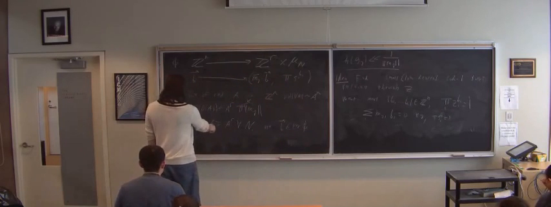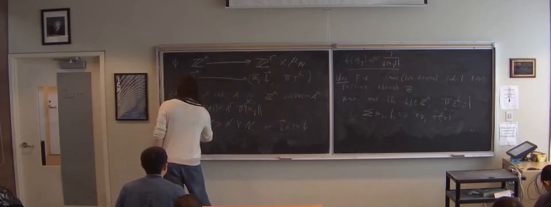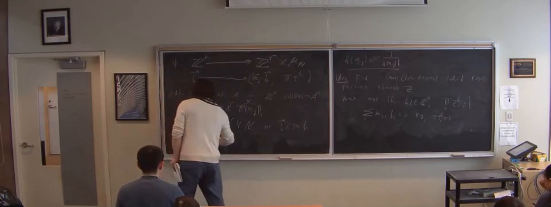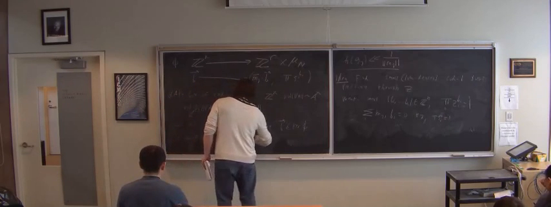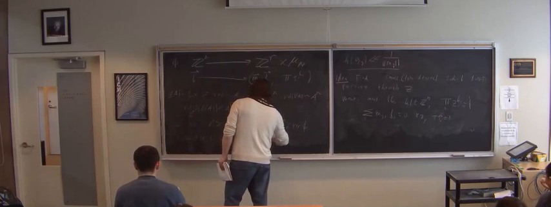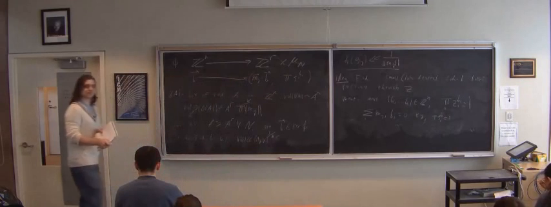So doing some basic inequality stuff, we can find b with the norm of b at most n v to the 1 over n minus r. Okay?